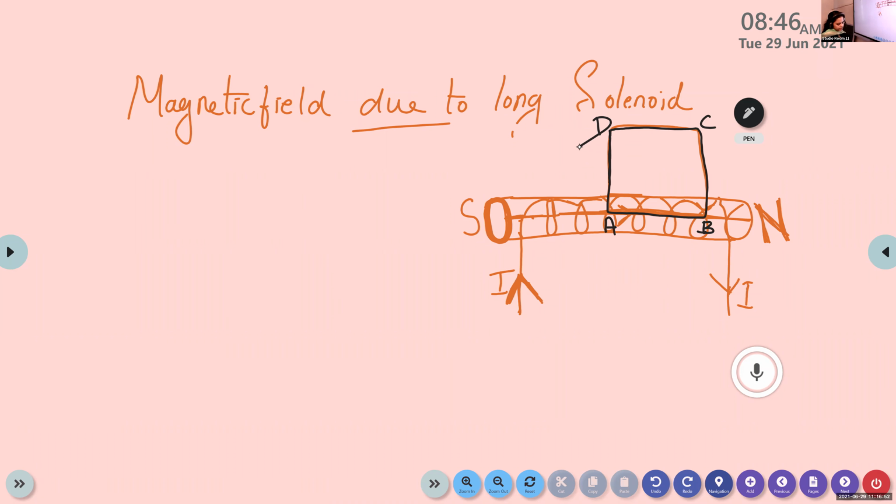So now we apply this Ampere circuital law to this amperian loop ABCD.